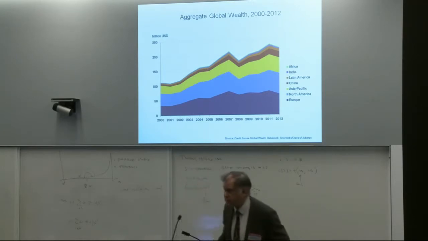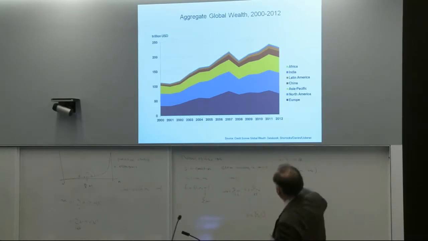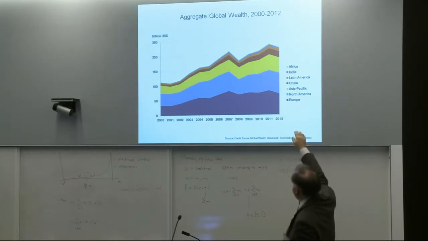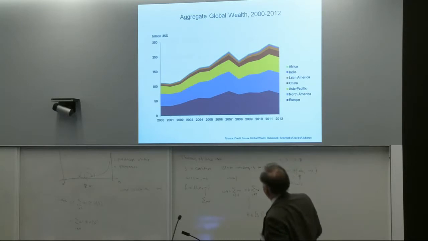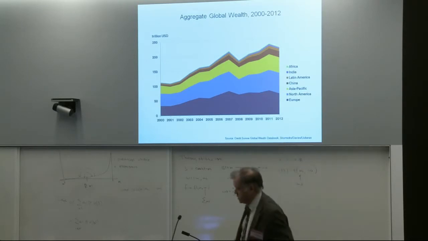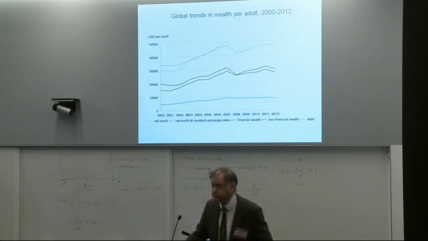And we have the different regions, and you can see the 3 places where most of the wealth is located are Europe at the bottom, North America, and the rich Asian Pacific countries. China and India we separate out, and those are the next couple of layers, and then Africa and India account for the slivers at the top.